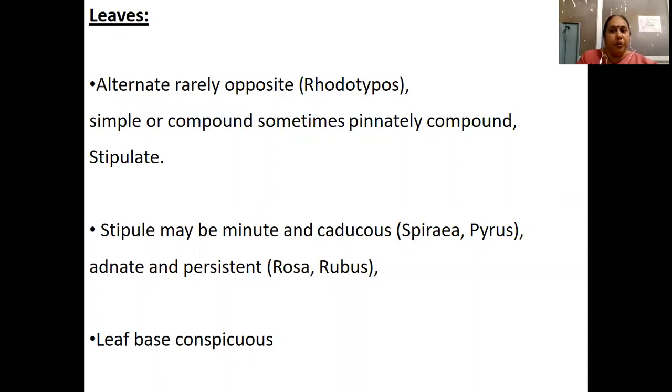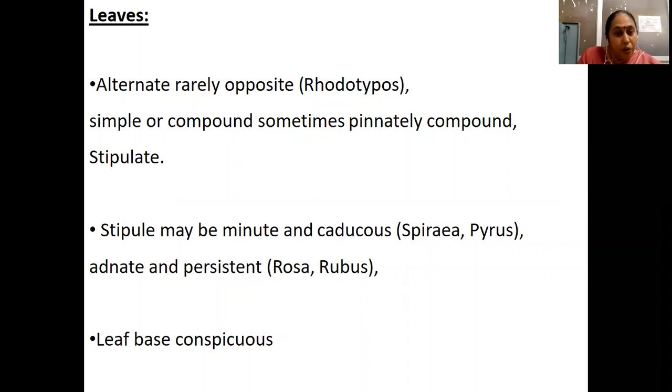Coming to the next feature, that is leaf. The leaves are compound, alternate, rarely opposite, and they may be pinnately compound, and they are stipulate. The stipules may be minute and caducous, and in some species, as in rose, they are adnate and persistent.